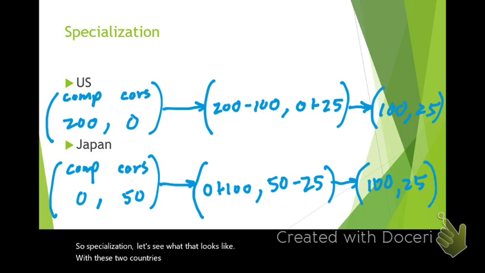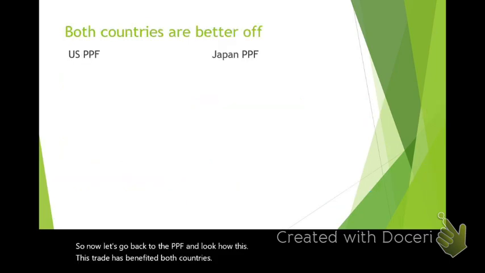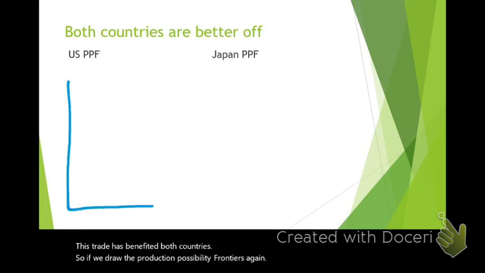So now let's go back to the PPF and look at how this trade has benefited both countries. If we draw the production possibility frontiers again, we have the U.S., cars, computers, and we had 200 computers and 40 cars, and that was the original production possibility frontier.